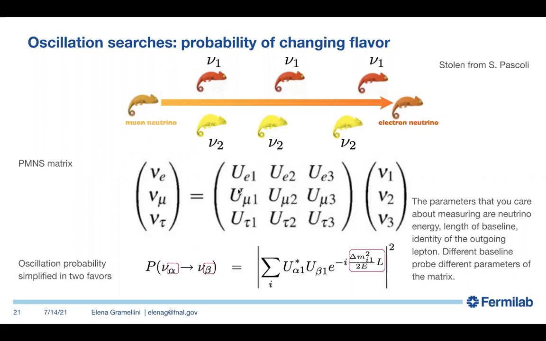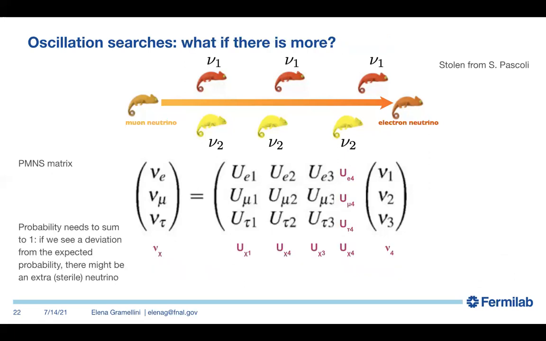In a not too correct way of thinking about this, you can think about the probability of oscillation in two flavors, and each pair of them probes a different parameter. Now, when we're talking about oscillation at the short baseline, we're not really talking about this particular matrix, but a slightly modified one.